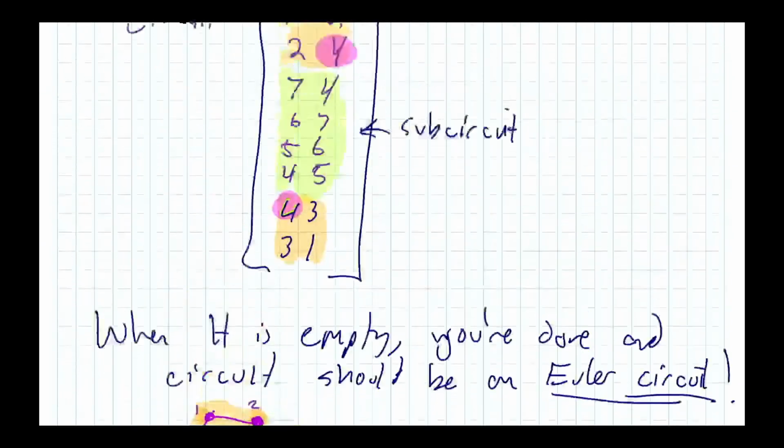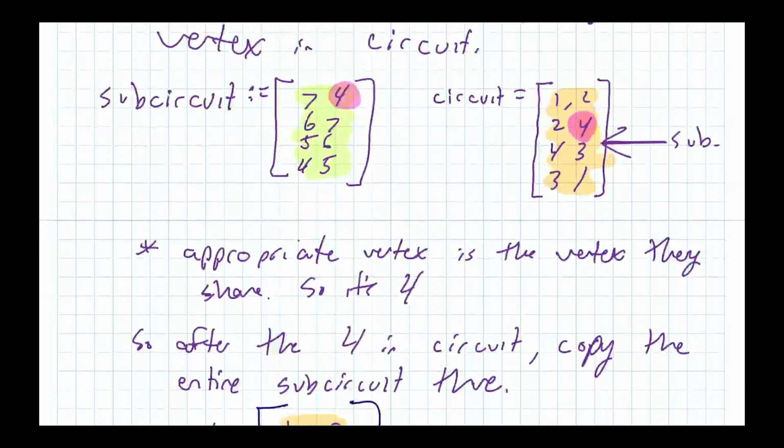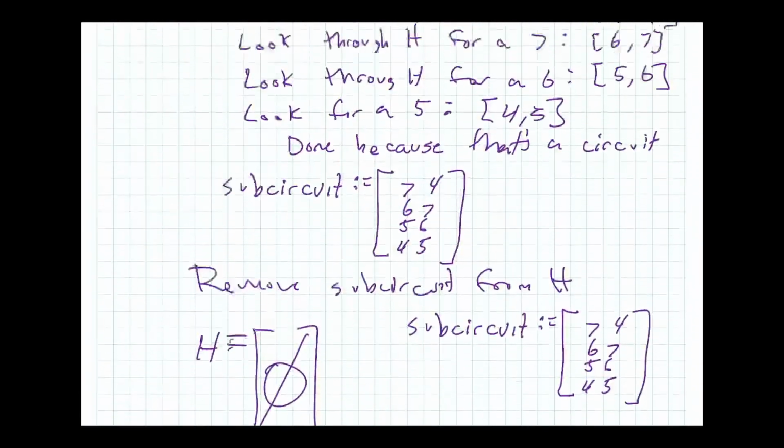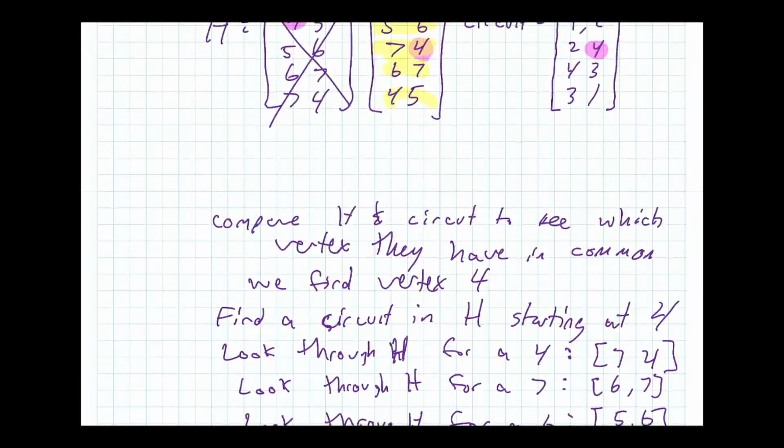Now, why does it have to be V? Because think about the pseudocode up here. When we were doing the subcircuit, we had to compare H and circuit to see which vertex they have in common, 4, and then find a circuit in H starting at 4, right? So you have to be able to specify where the circuit starts.